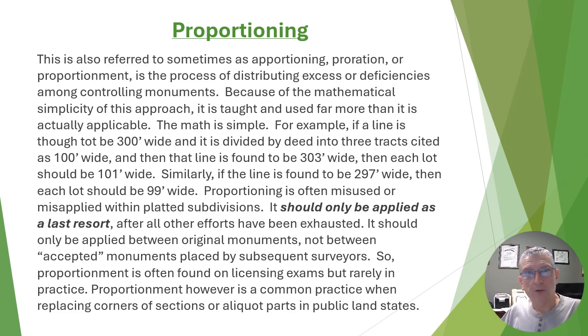So, proportioning does not apply in that position if there are existing occupation lines. The occupation lines would control as a higher level of evidence of where the original monuments once stood and would be the most defensible solution.